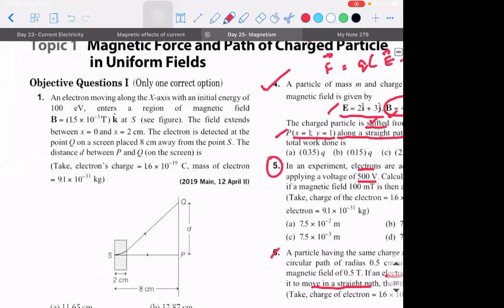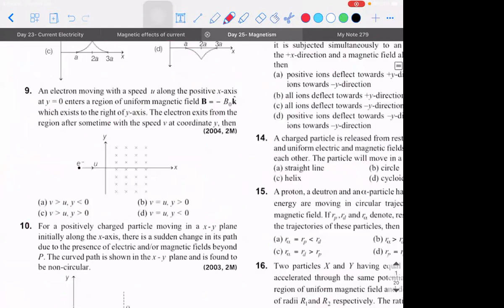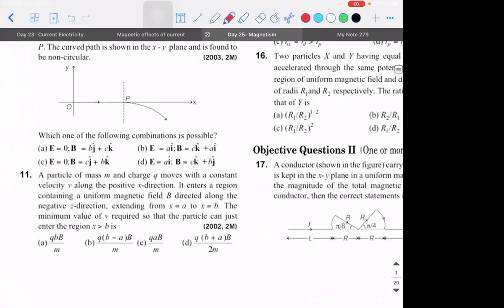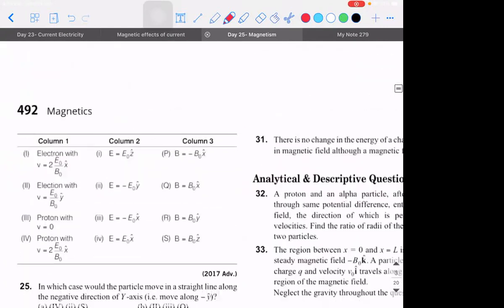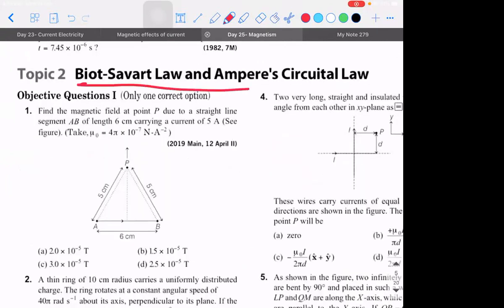So that was magnetic force and path of a charged particle in uniform fields. Now, Biot-Savart law and Ampere circuital law based problems. The first one, I think this is a CBSE NCERT solved example.